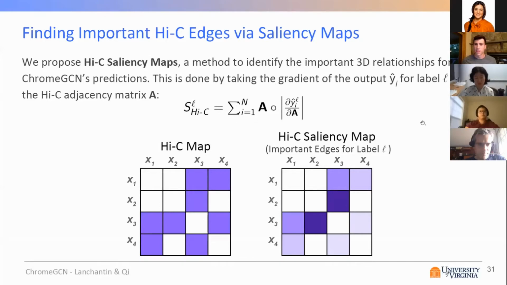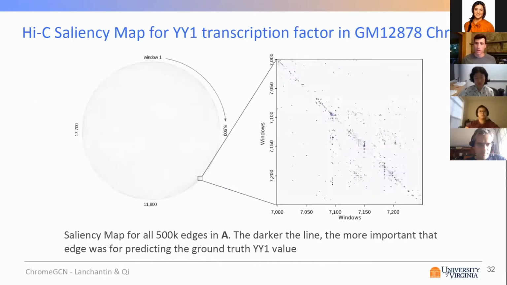This is done by taking the gradient of the output y hat for label L with respect to the Hi-C adjacency matrix A. So this will tell you the important edges in this Hi-C graph for a particular label L. Just to show a quick example of what I mean by that, here's an example of our Hi-C saliency map for the transcription factor YY1 in chromosome 8 of cell line GM12878.